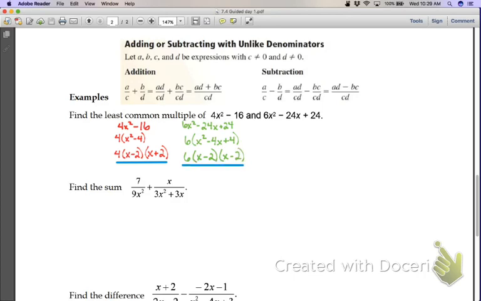For me to find the least common multiple, that means I need the red one and the yellow one to match. That means everything needs to match. However many parentheses I have of something in it, they need to be the same. It's basically like, what does one have that the other one does not? Like I have a 4 and a 6.